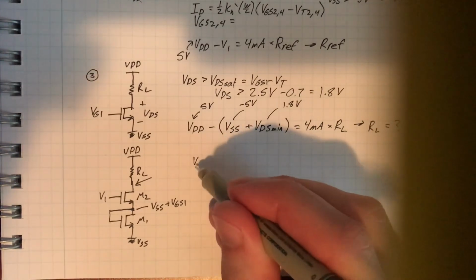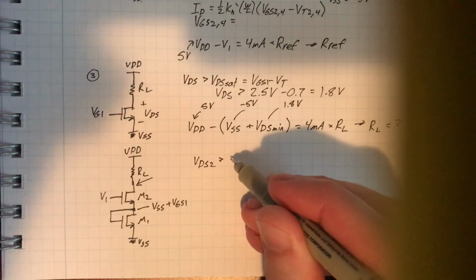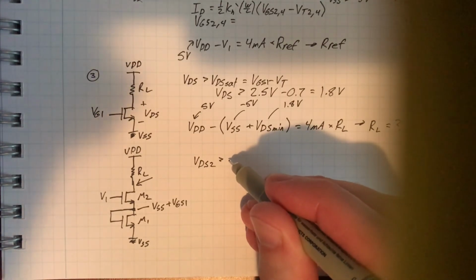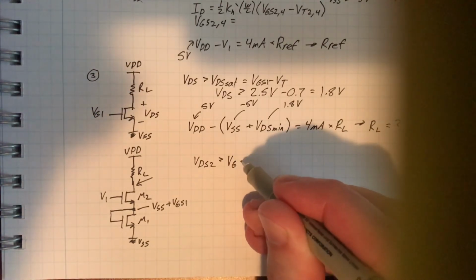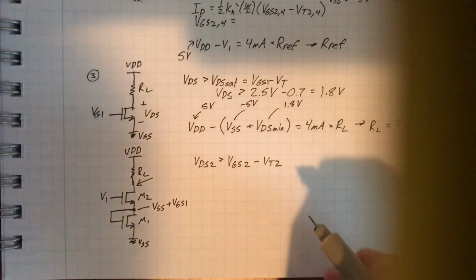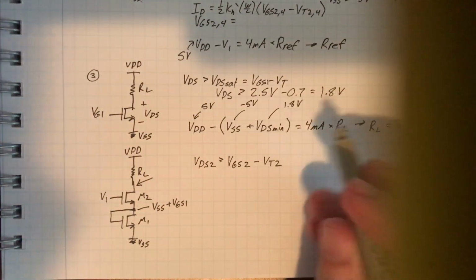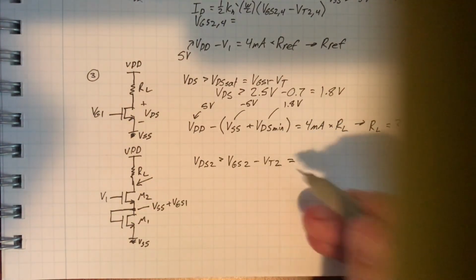So VDS of 2 has got to be greater than VGS 2 minus VT 2. And you figured out these quantities in the previous part, so you can solve that.